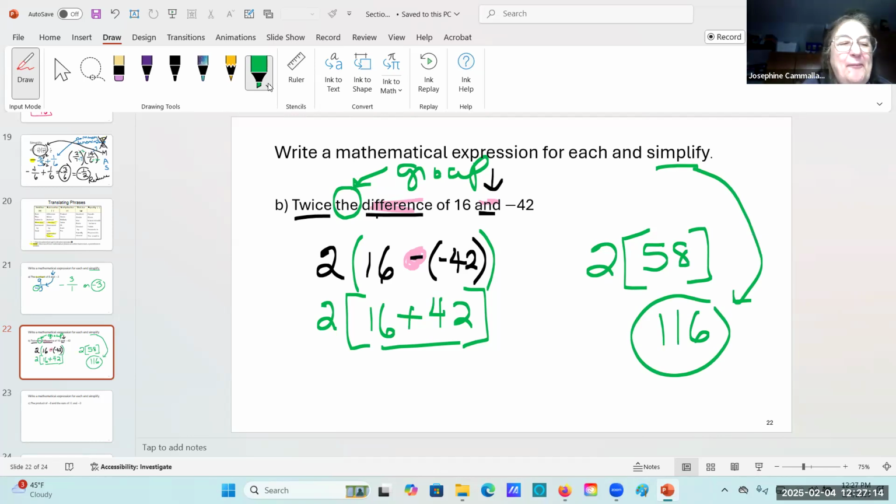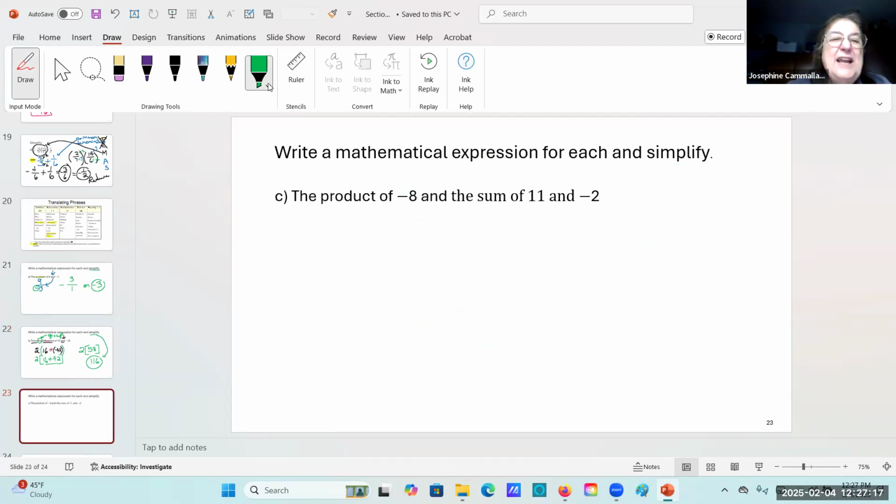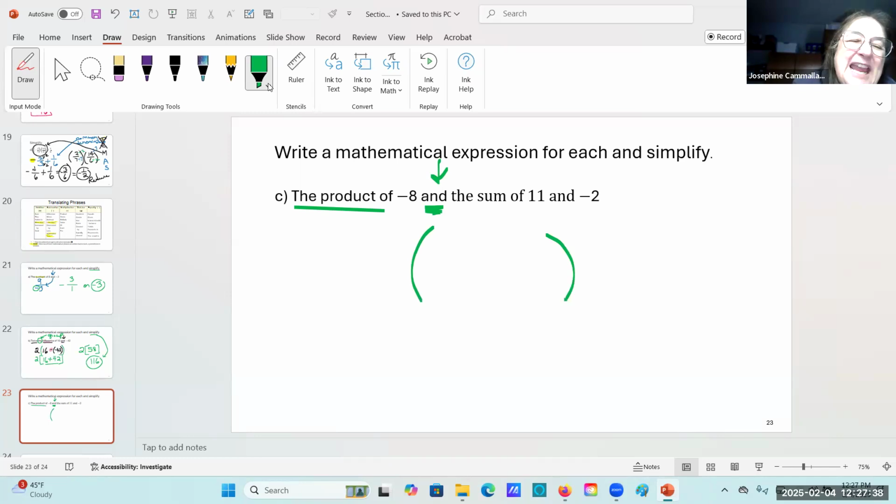Okay? Now, here we go again, but be careful. This has got the word and. The product of and. Well, that means we have 8, but the sum is what's going inside. See that nice little word?